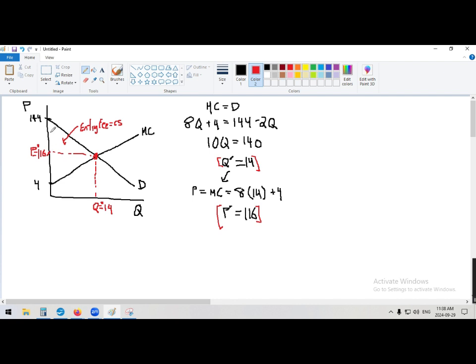And then once we have that figured out, we can figure out the entry fee here. So the entry fee, which is consumer surplus, is base times height divided by 2. For the base, we're going from here to here, which is 0 to 14, so that's just 14. And then for the height, we're going from 144 down to 116.